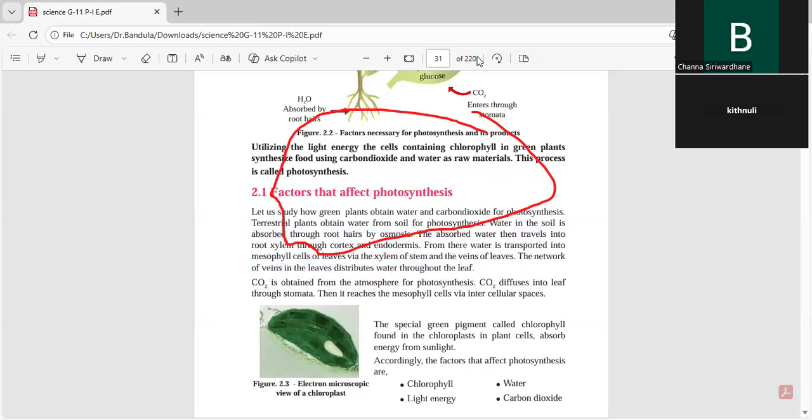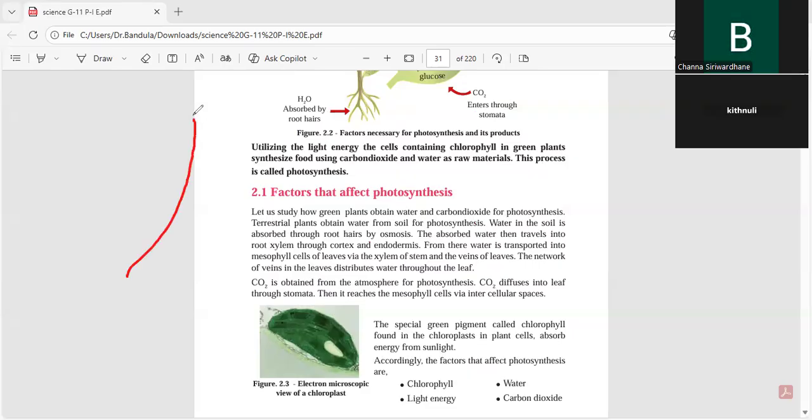What is osmosis? Osmosis is a process in which water travels from a high concentration of water to a low concentration of water. Right? Now here is the soil, and there is a plant.